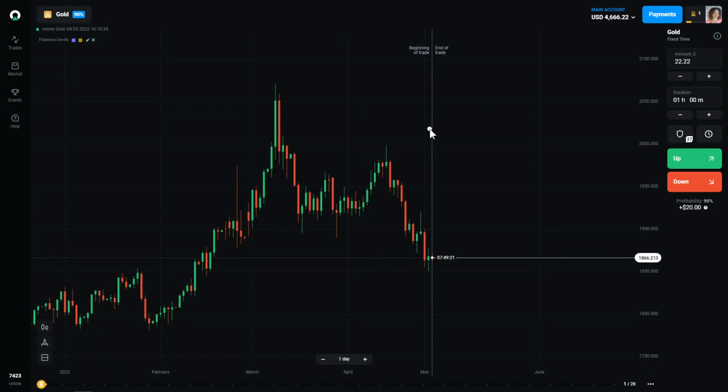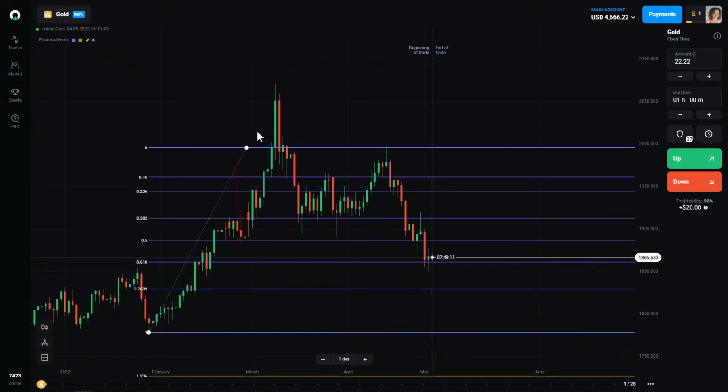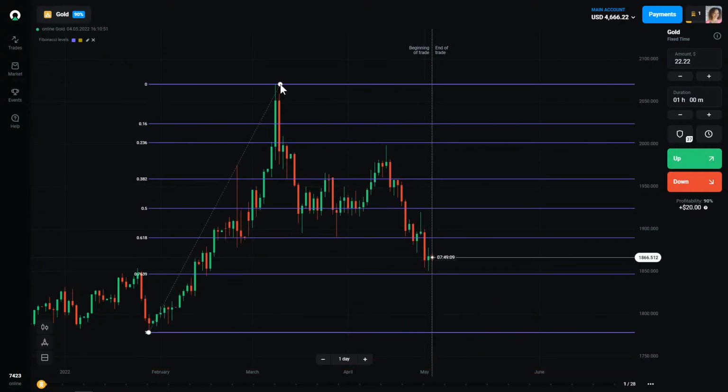So if you're looking at an uptrend, here you would connect the price from the lowest low of where the uptrend started, and simply extend it up to the high where the price reached the level of resistance and started correcting.